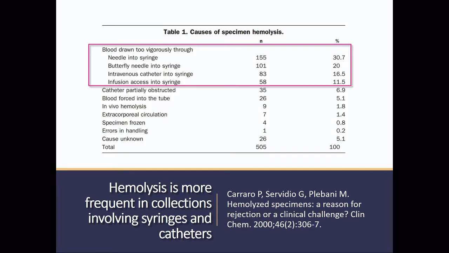We know that hemolysis is caused by a number of errors, mostly during the venous blood sampling. And we also know that the highest frequency of hemolysis occurs when the blood is drawn by either syringes or catheters, when the blood is drawn too vigorously through either a syringe or a catheter.